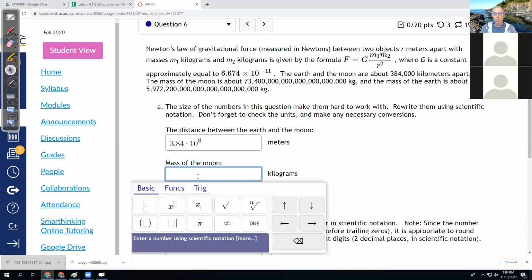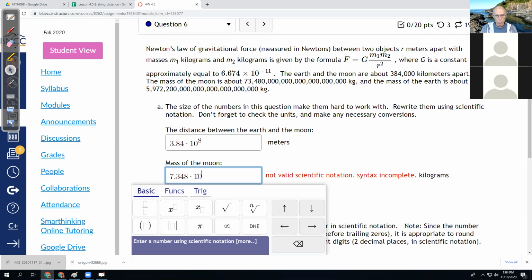The mass of the moon, that one was 7.348 times 10 raised to the power 22.